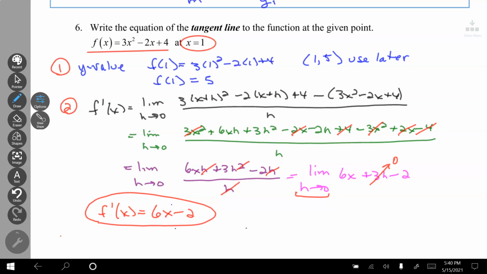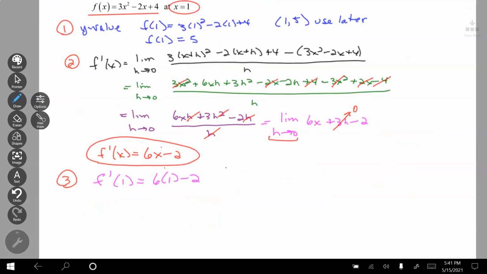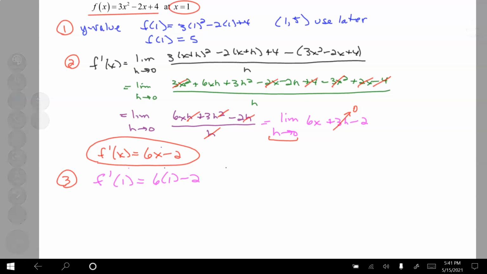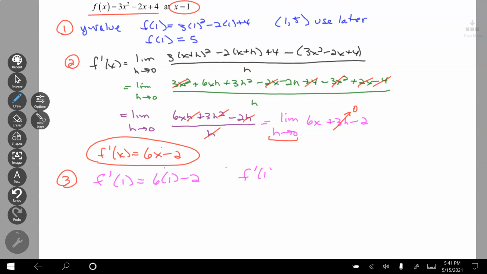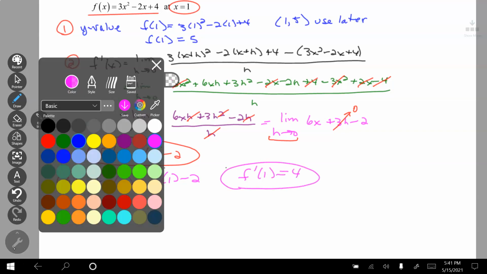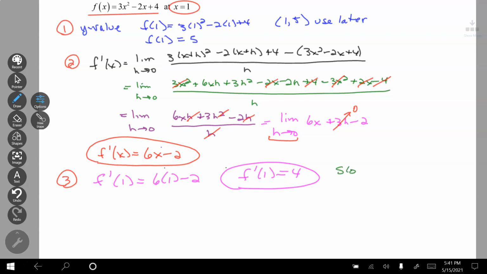Now this is not exactly what I want, but this is the derivative of the function. Now I could find the derivative at that special point. What point am I using? I'm using the point x equals 1. I plug it into the derivative I just found. I have f prime of 1 is equal to 4. And to me, this is the slope of the tangent line that I need to finish out what I want.